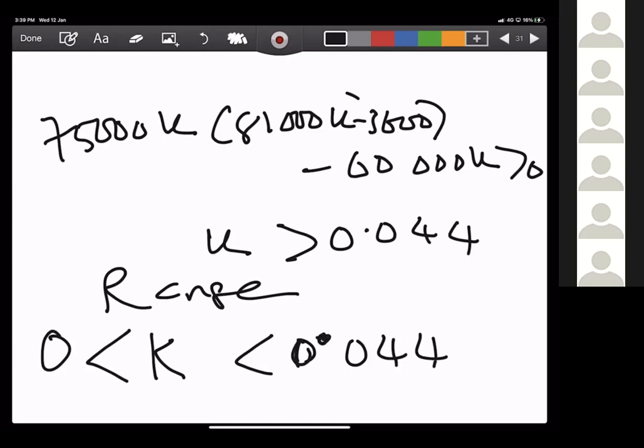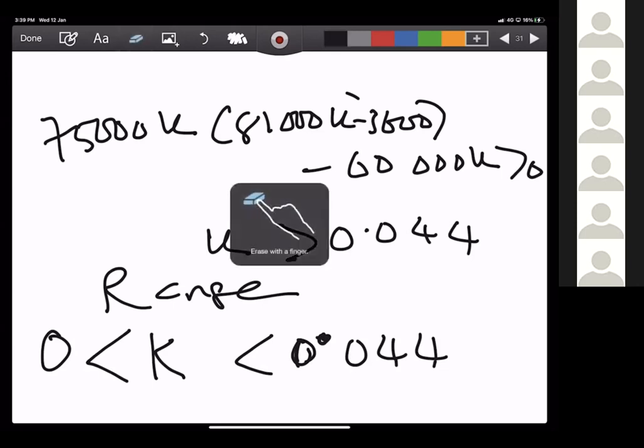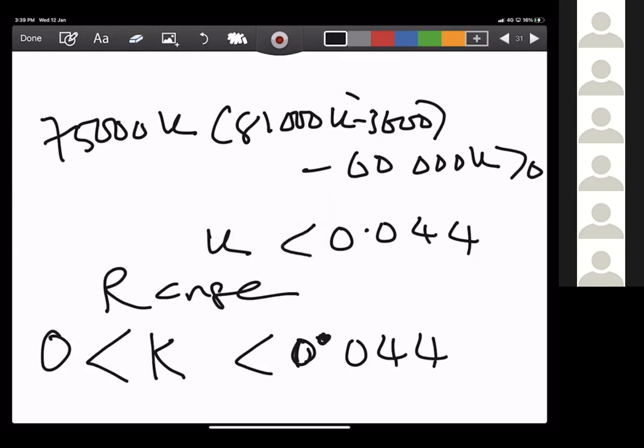Dia punya sign tu kena tukar, bukan ke? Patutnya kena tukar sign. K more than 0 and K more than 0. Negatif tu kan nanti dia. Sorry. 2.044.